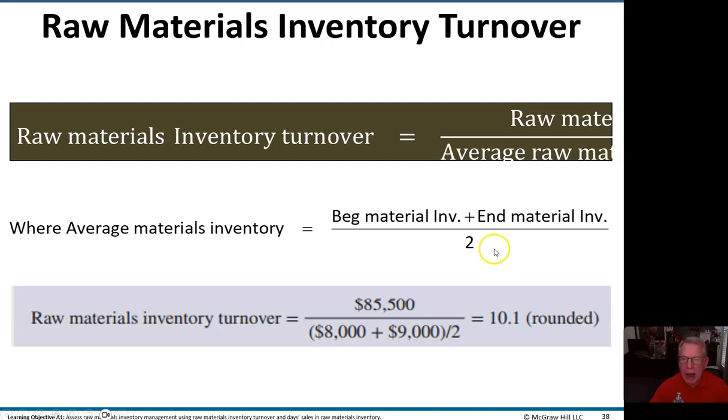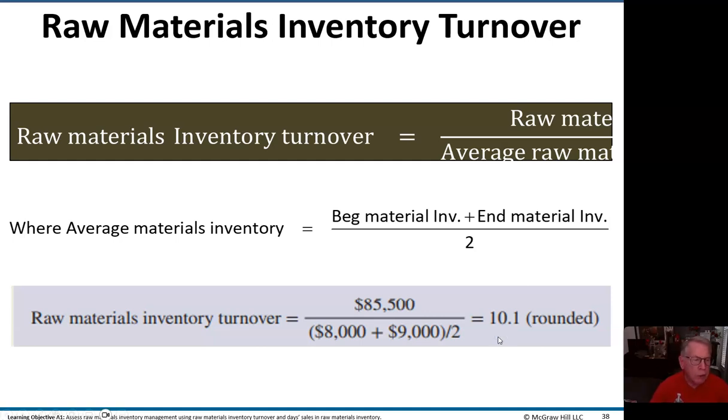That gives us our average materials inventory. And then we're going to take that and divide that into cost of goods sold.